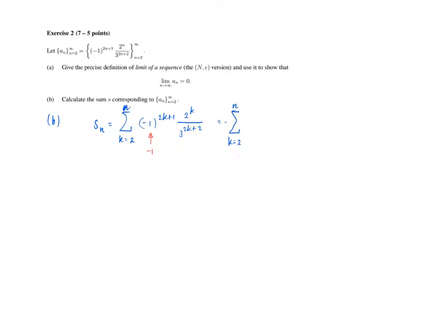So we take out the minus 1 over here, and we write further the sum of k is 2 to n of 2 over 9 to the power k times 1/9. Then we have a common term here, 1 over 9, and we can take it out again. So we're left with the following sum.